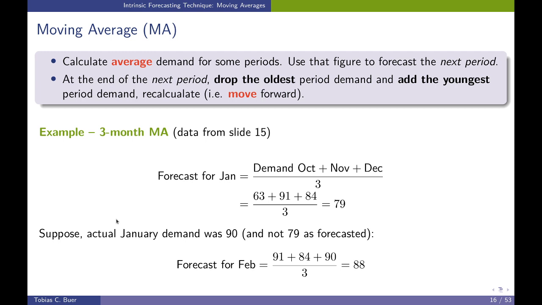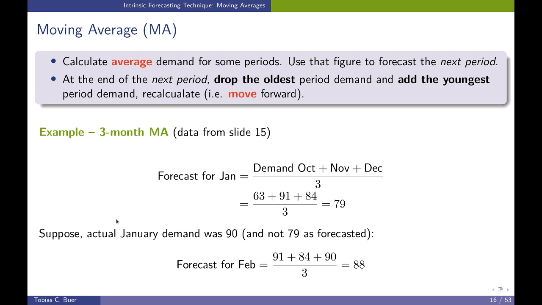Let's use the data from the previous slide and calculate the 3 months moving average. If we want to calculate the forecast for the next January, we take the data of the 3 previous months, which are the demand of October, November, and December.